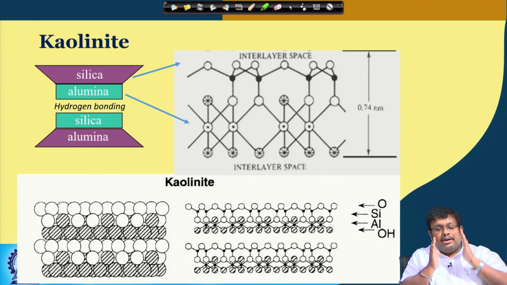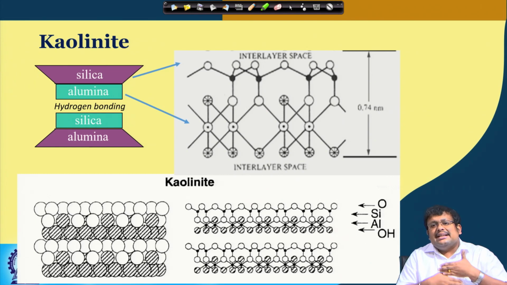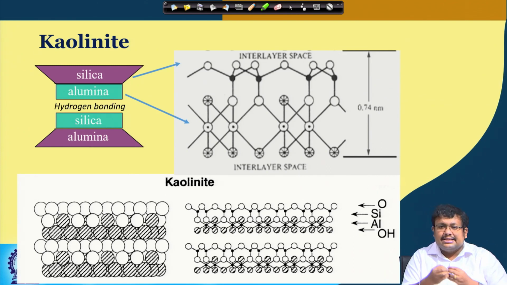And when we see two adjacent 1:1 layers, we will see the close existence of one hydroxyl atomic layer with one oxygen atomic layer, producing the hydrogen bond. As a result, their interlayer space is collapsed, and when the interlayer space is collapsed, there is no chance of getting other ions in the interlayer space.